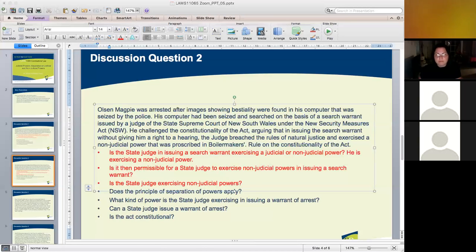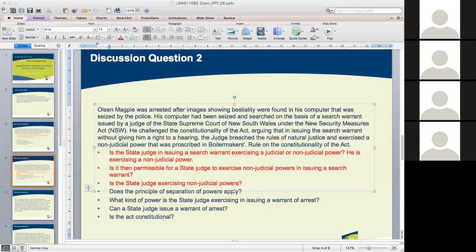Vicky. Because there's no separation of powers at the state level, and therefore the courts can be vested with non-judicial powers. See, that's exactly the point. We're not dealing here with a federal judge. We're dealing here with a state judge, which means, therefore, that the Boilermakers case is inapplicable. So this is what is known as a red herring.